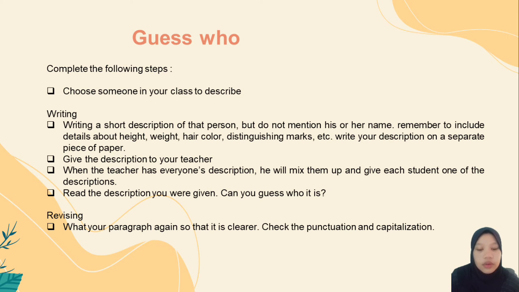Give the description to your teacher. When the teacher has everyone's description, he will mix them up and give each student one of the descriptions. Read the description you were given. Can you guess who it is? Write your paragraph again so that it is clear. Check the punctuation and capitalization.